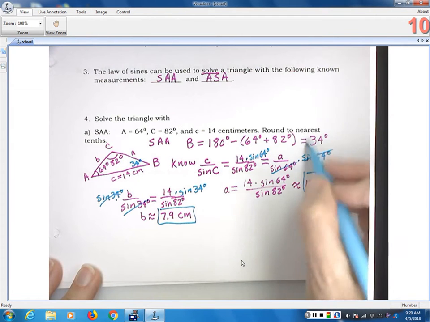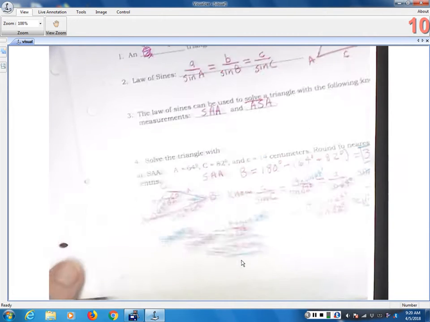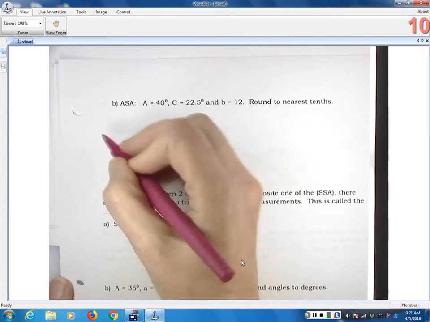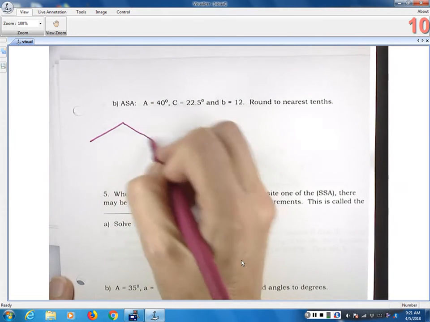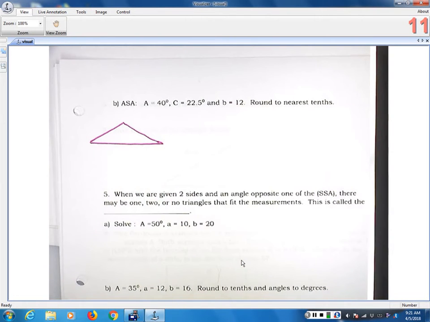Yeah. So we have solved the triangle. Okay. Here's an example of an angle, side, angle. Okay, I'm just going to try to draw this again. I don't really know how helpful those Nearpods are.